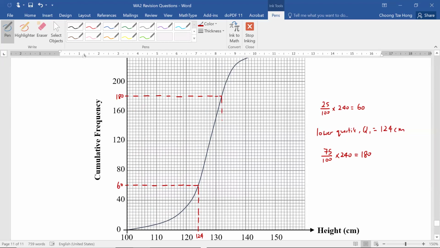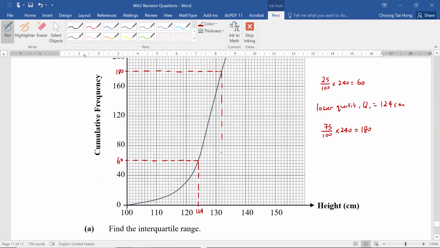If you come down, you should be able to find a height of 132 cm. So the upper quartile, which is also denoted by Q3, is going to be 132 cm.